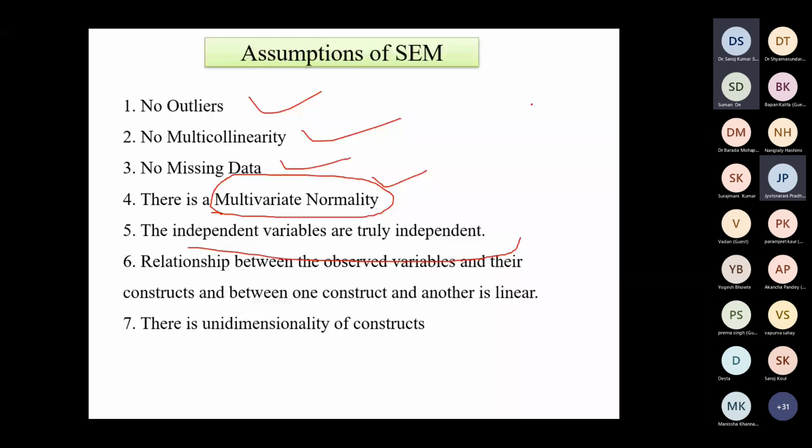Suppose I am collecting data regarding attitude. I am asking, really I like the university campus. If you say really I like, then definitely you are provoking the respondent that he or she should answer yes, that means 4 or 5. Do you think the flower garden and the building are very beautiful, that make the campus very attractive?